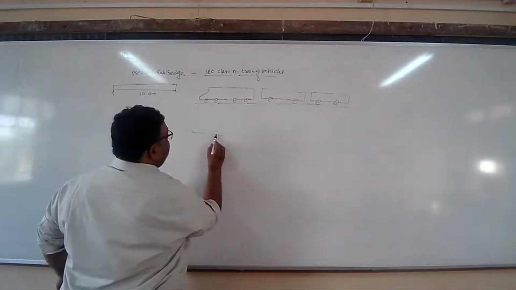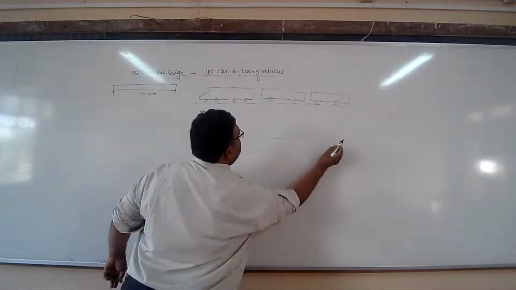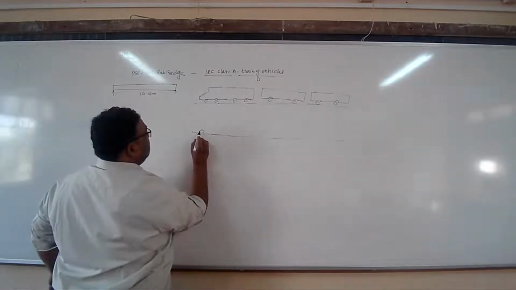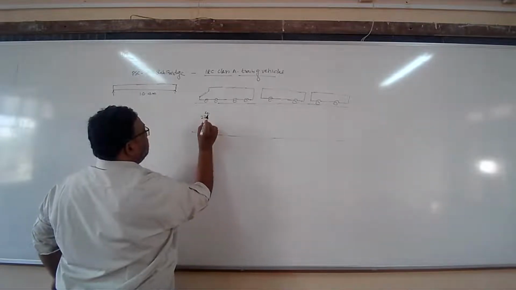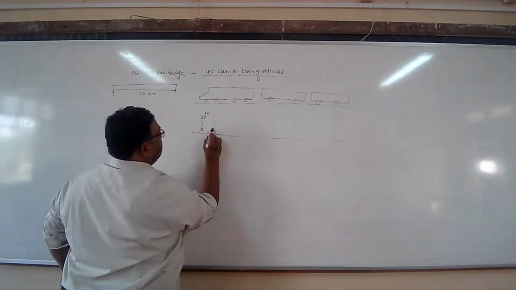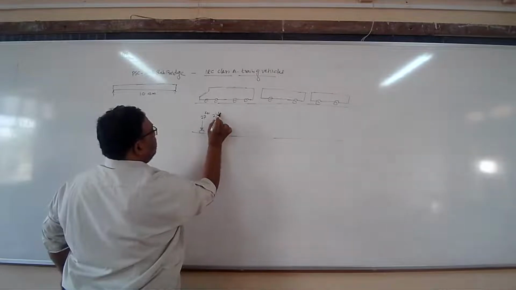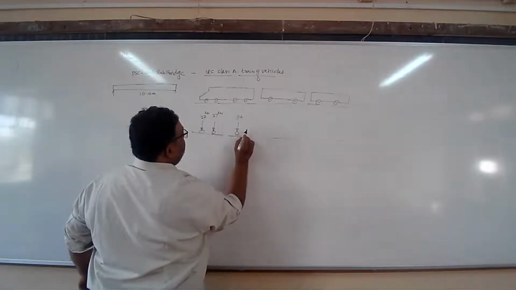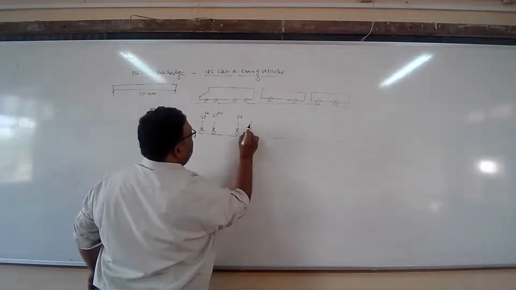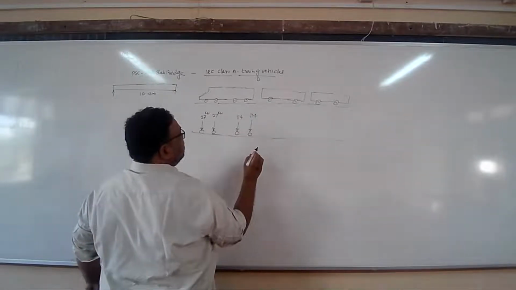The load that is getting transferred by these axles are 27 kilonewton, again 27 kilonewton. Next it is 114 kilonewton, 114 kilonewton.